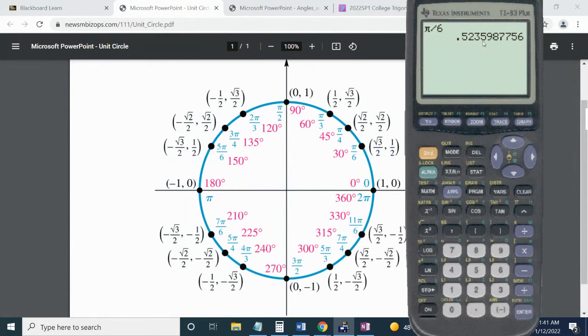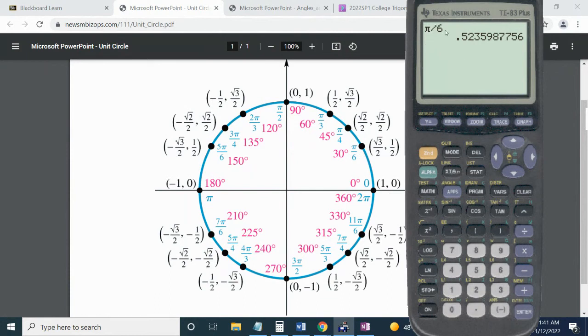I get 0.52. But notice that radian is understood to be 57.3 degrees. So this is read as pi over 6 radians. Now you're going to hear me sometimes say this is pi over 6, but in actuality it's pi over 6 radians because radian carries the 57.3 degrees.